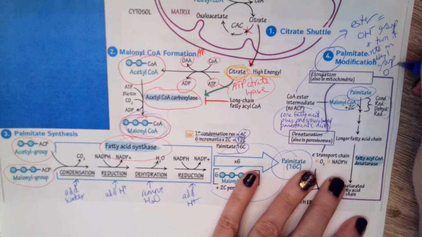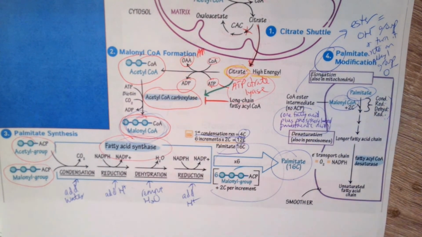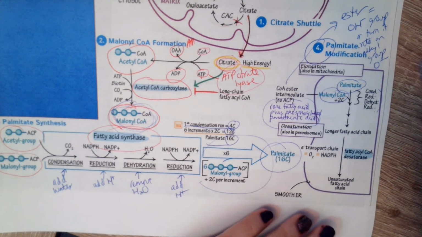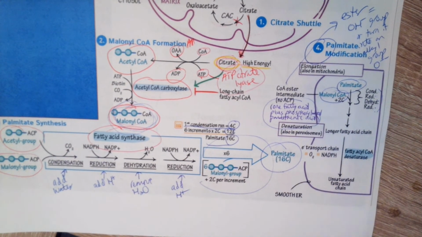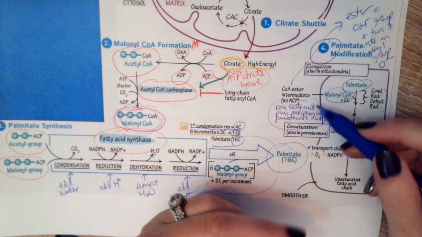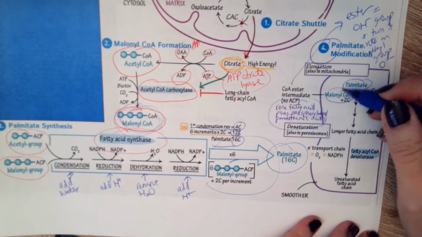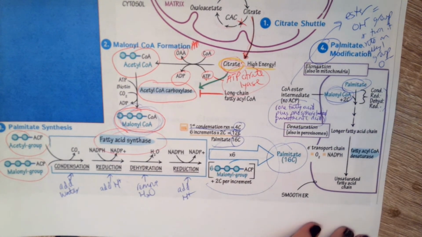So it would be a 2- charge on that. We don't need to worry really about that. That's not going to be something I'm going to ask you to memorize, but just so that you understand what that is doing there, that is part of adding the elongation parts.